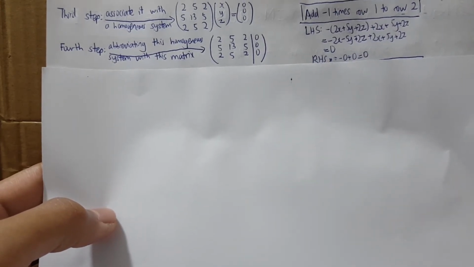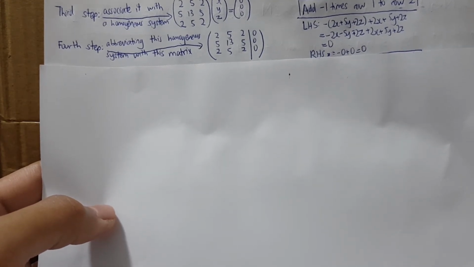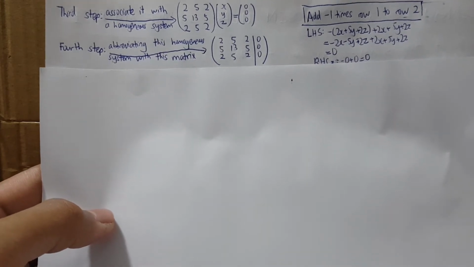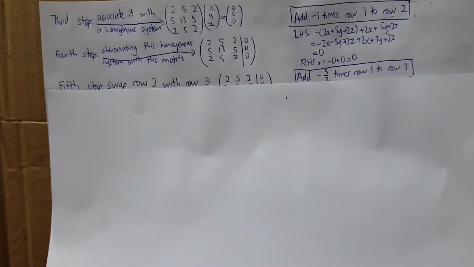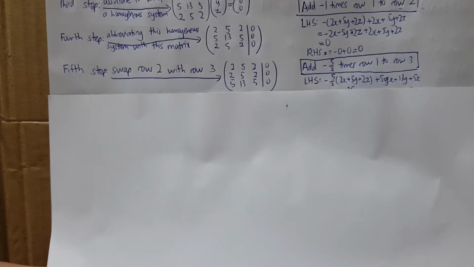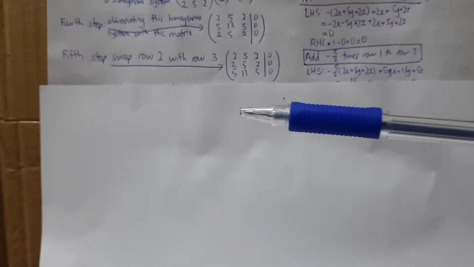So now you notice that for the second and third row, the second row has a higher coefficient of x than the third row. Hence, we swap row 2 with row 3. And this will be our transformed matrix.